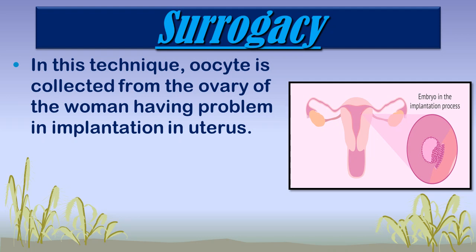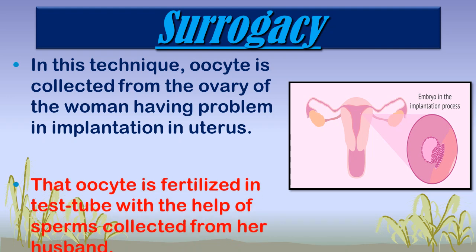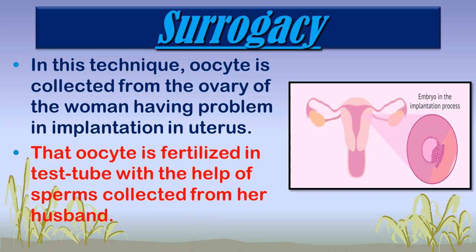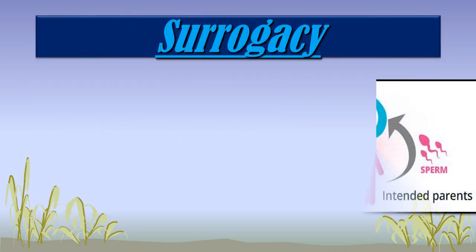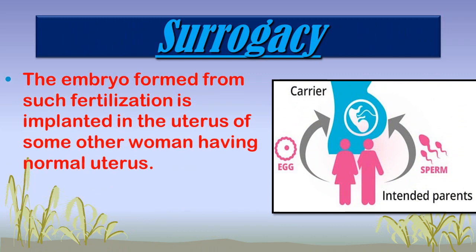That oocyte, which is removed from the ovary of the woman having the problem in implantation, is fertilized in a test tube with the help of sperm collected from her husband, and then the embryo formed from such fertilization is implanted in the uterus of some other woman having a normal uterus.